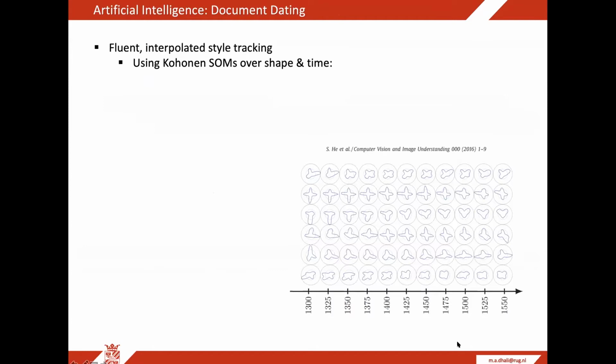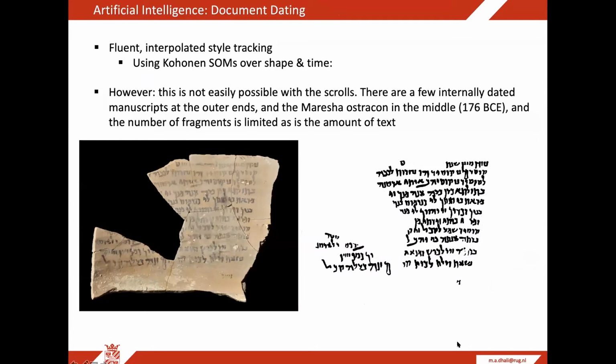Not really, because we don't have this kind of nicely, uniformly balanced and distributed dataset for this scroll. What we have is only the Mare-Shostakon, which is 176 BC, and that is the only thing that is dated within this scroll period in the middle. So we cannot really do things that are commonly done for handwriting recognition dating.